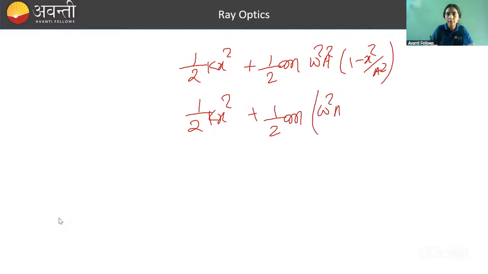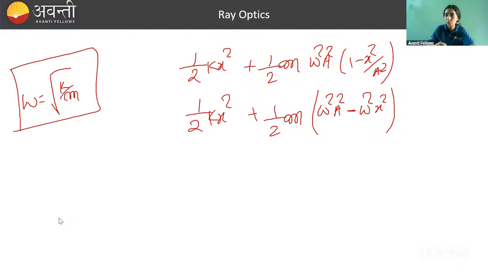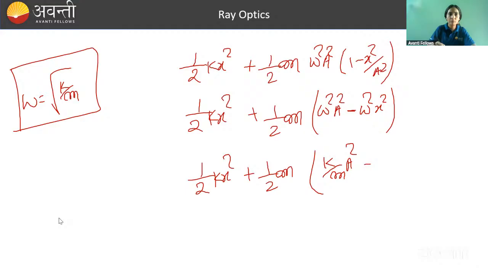You will write omega square a square minus omega square x square. Now what is the value of omega? ओमेगा का वैल्यू अभी अभी हमने पढ़ा था, it was equal to root k by m. तो if you break it again, ये फिर से use आया. ठीक है, this is a very important formula. Half kx square plus half m. Omega square को आप क्या लिख सकते हो? k by m a square minus omega square को क्या लिख सकते हो? k by m x square.